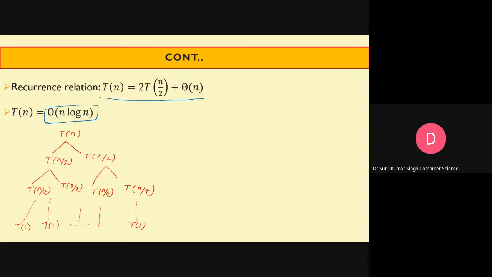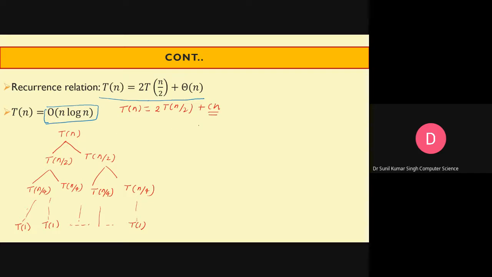And the cost associated with each step is Cn, because you can write it like 2T(n/2) plus Cn, as already discussed. So each layer is contributing this much cost.